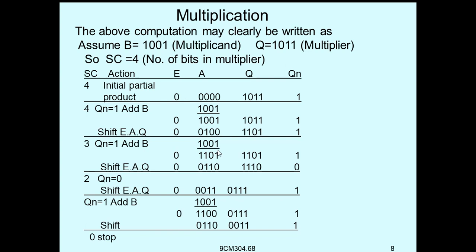So 0 plus 1 is 1, 0 plus 0 is 0, 1 plus 0 is 1, 0 plus 1 is 1. This is the result of addition of A plus B. So double 1 0 1, and Q holds 1101. This is the result.